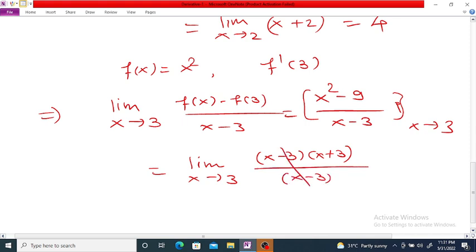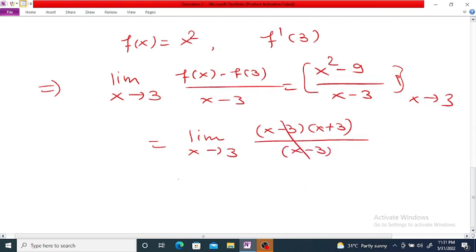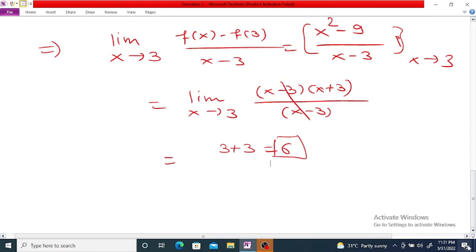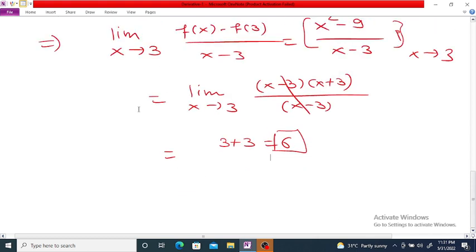So this x minus 3 gets cancelled, and x plus 3 is equal to 3 plus 3, which is 6. So here f dash 3 is equal to 6.